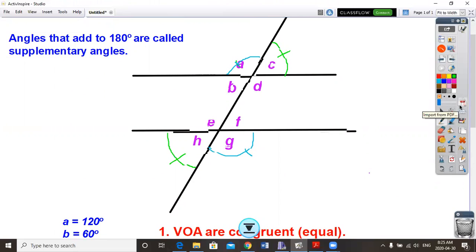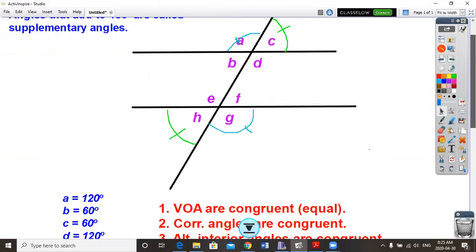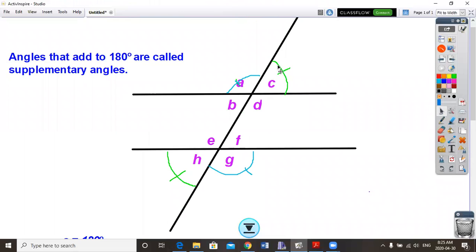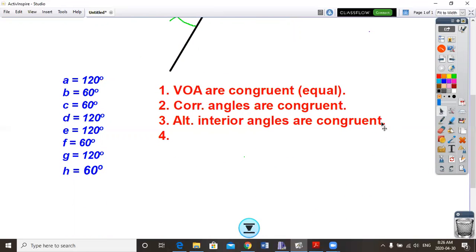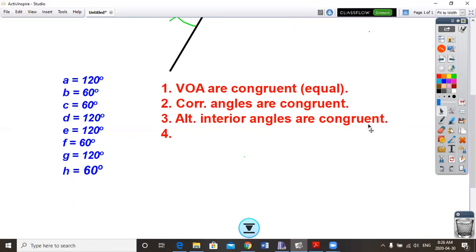So what we have just confirmed through measuring is that alternate interior angles, A and G, C and H, are congruent. I should have said alternate exterior angles are congruent. Okay.